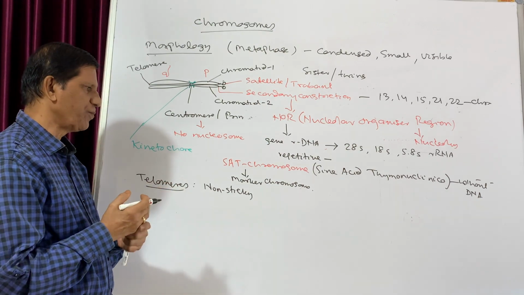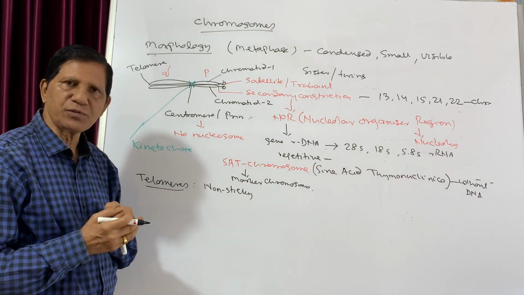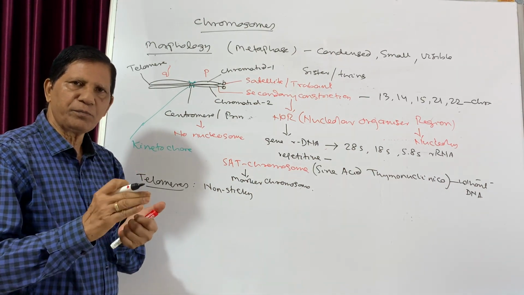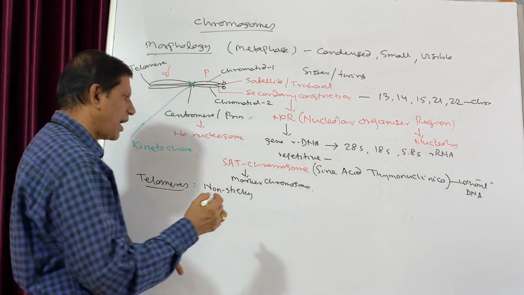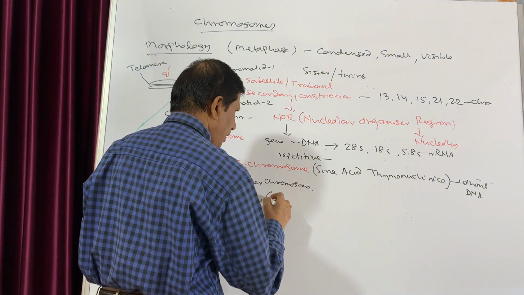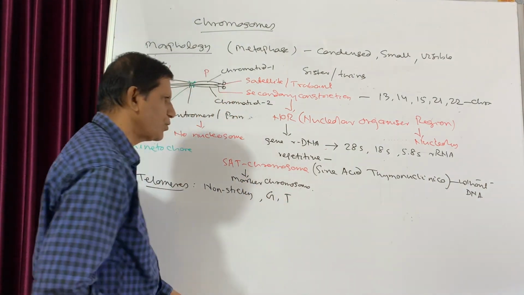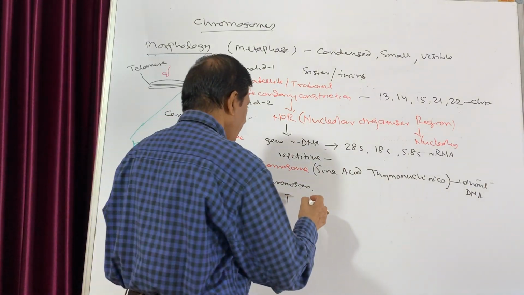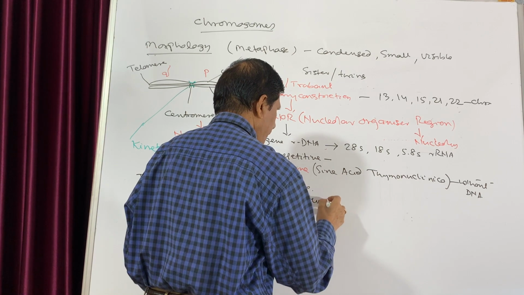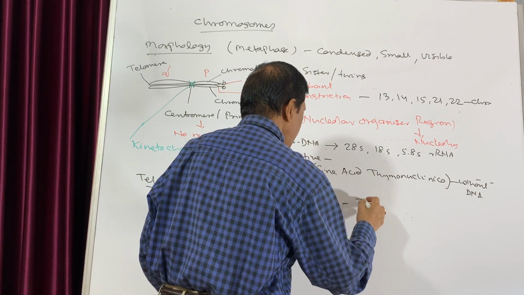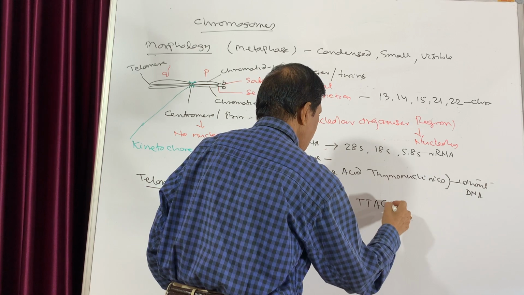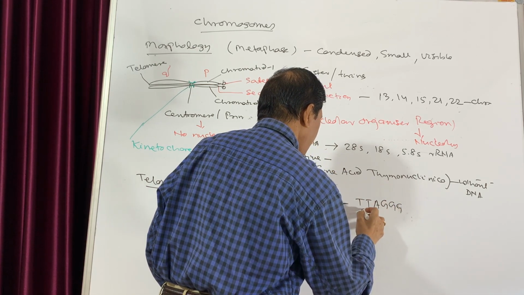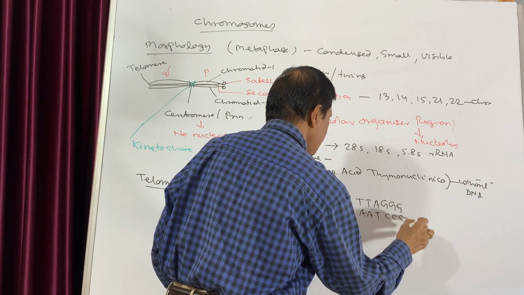It is non-sticky. And at the tips of these chromosomes, some nucleotides are present more repeatedly than others, particularly guanine and thymine. Particularly in the case of human beings, it is TTAGGG and AATCCC.